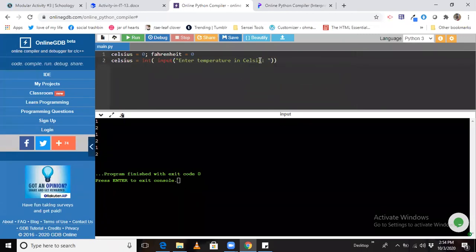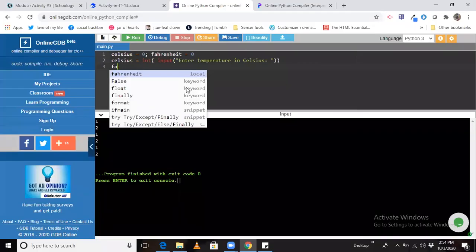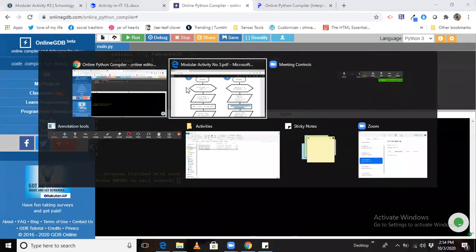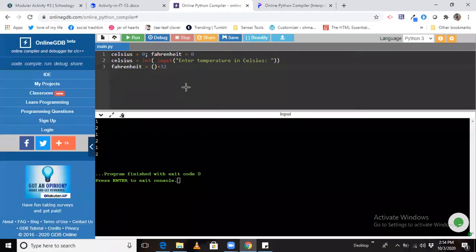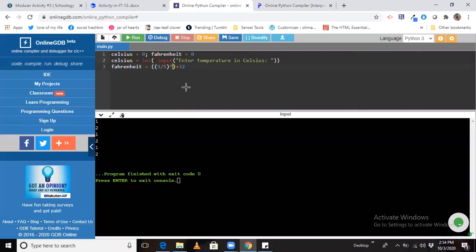Okay. And then we need the formula for Fahrenheit now. Fahrenheit formula, 9/5 multiply Celsius, all over plus 32. Fahrenheit is equals to 9/5 multiply to Celsius plus 32.